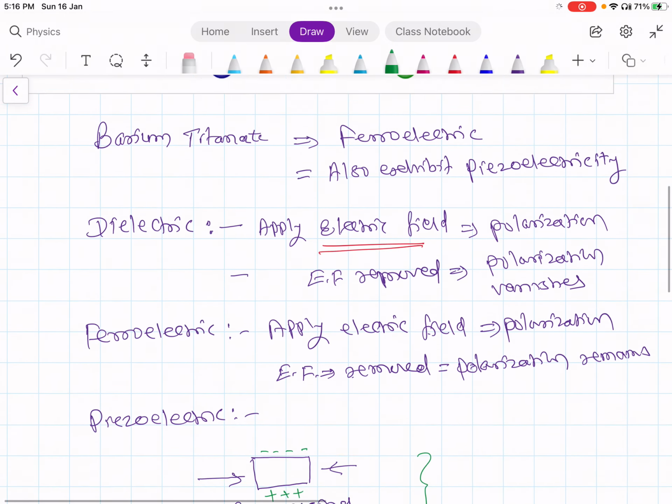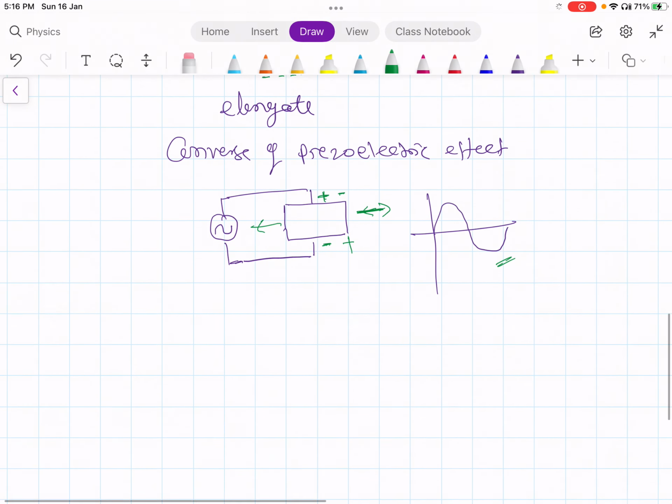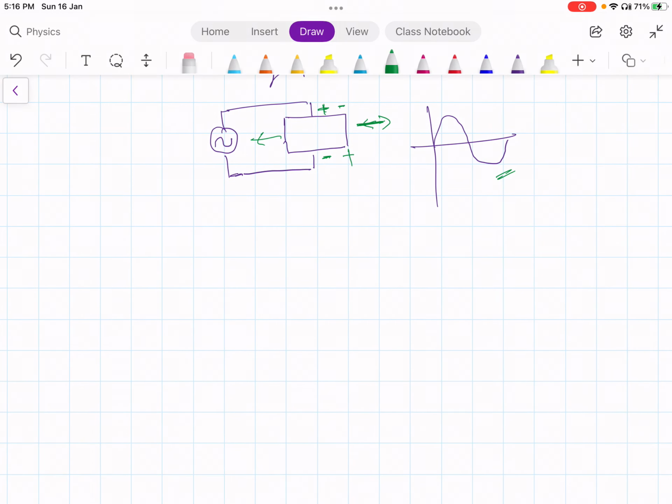But here we are studying the structure of barium titanate, which is ferroelectric and also exhibits piezoelectricity.